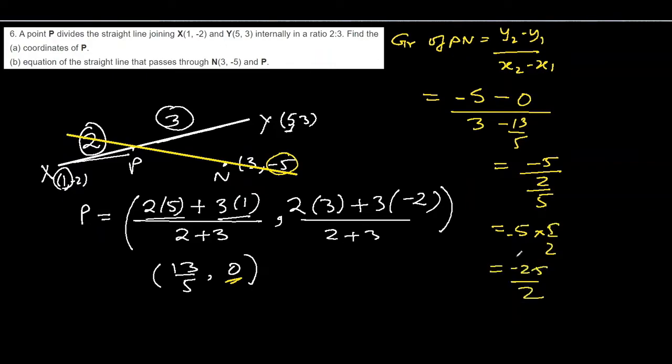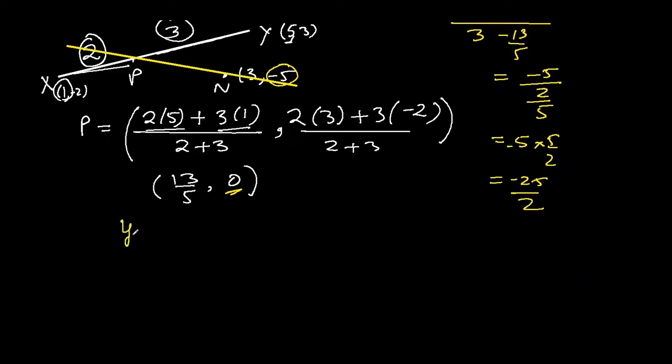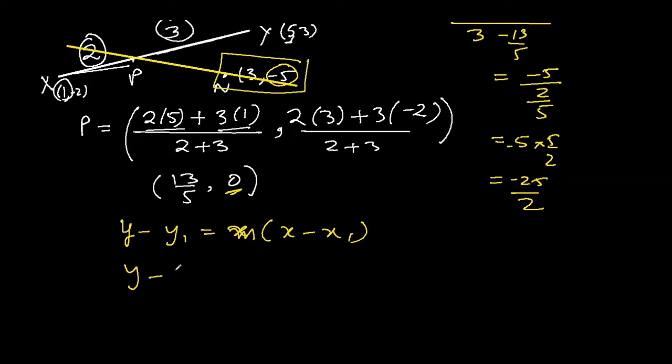If I simplify this, minus 5 multiplied by 5 over 2, which is minus 25 over 2. This is the gradient, and let's find the equation by the formula y minus y1 equal to m times x minus x1. This is how we can find the equation of a line. So y minus the y coordinate of any one point. Let's take this point, (3, -5). So it will be minus 5 here. The gradient we know now, minus 25 over 2, times x minus x1, and x1 is 3.